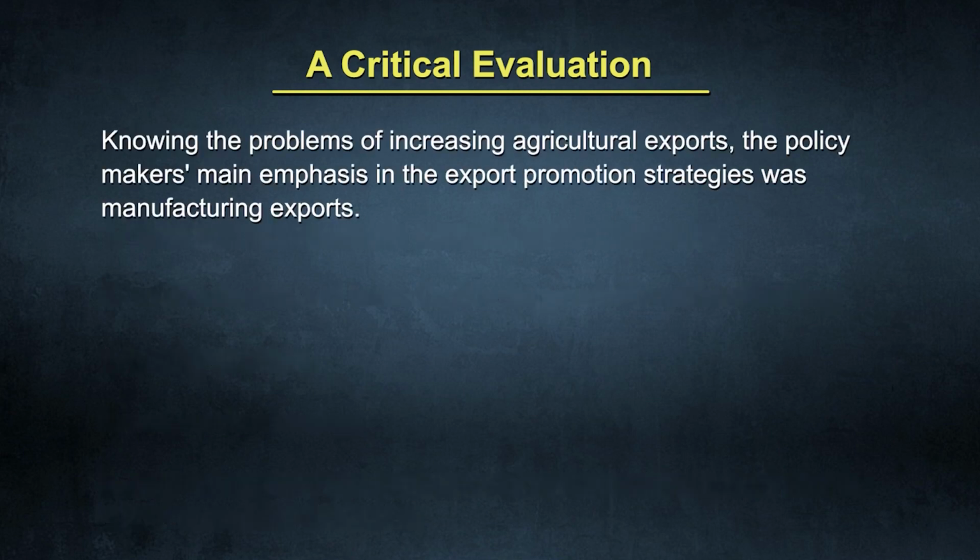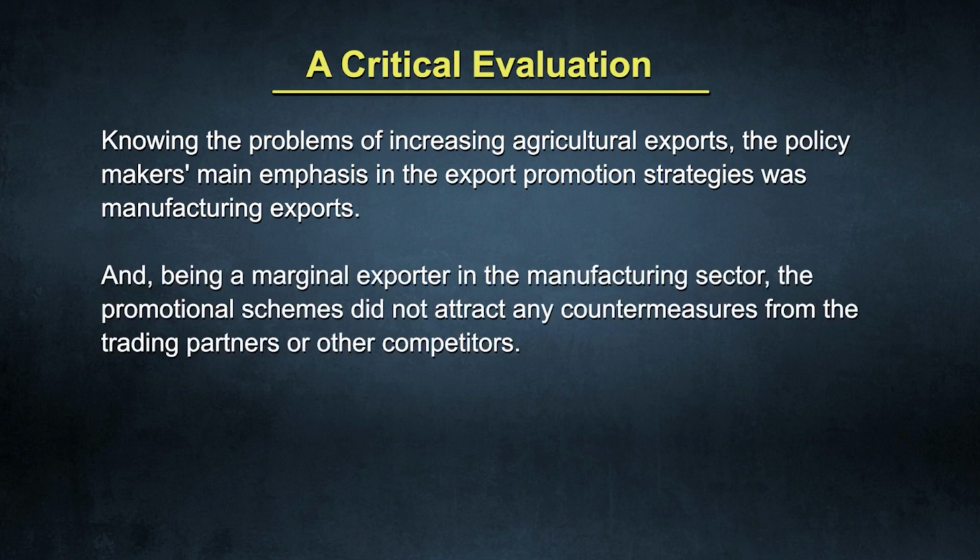Now, knowing the problems of increasing agricultural exports, the policymakers' main emphasis during the export promotion period was on the manufacturing output or its exports. And being a marginal exporter, these promotional measures didn't attract any countermeasures from either the trading partners or the other competitors.